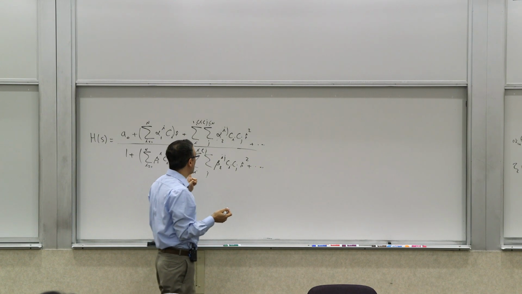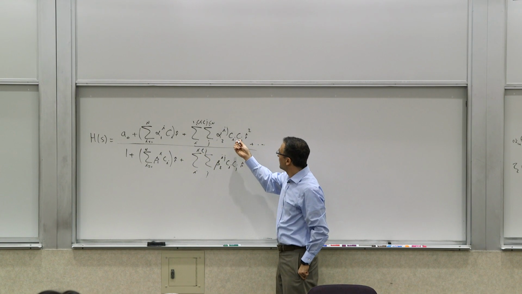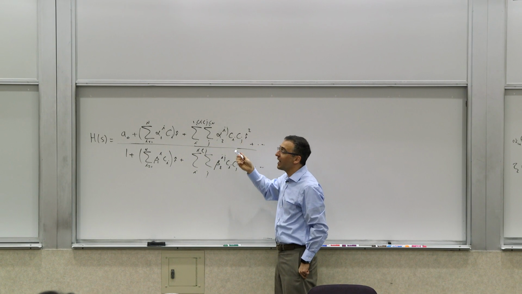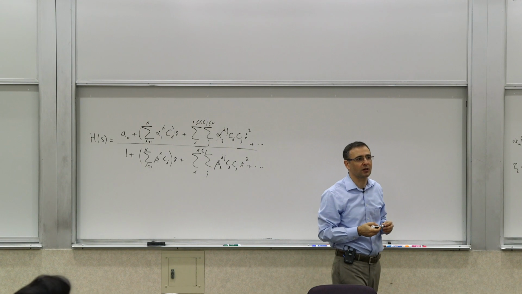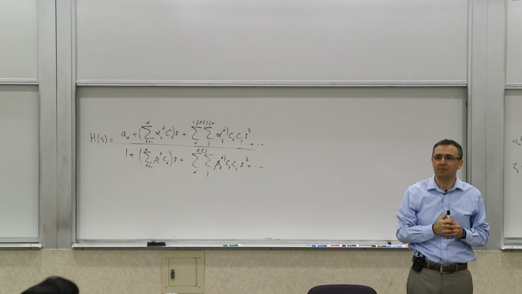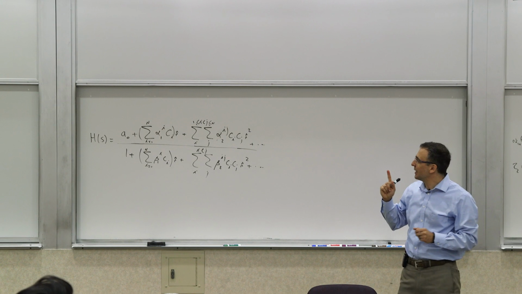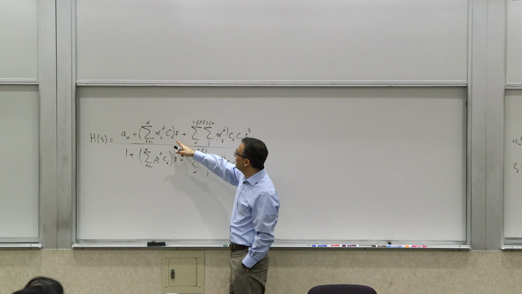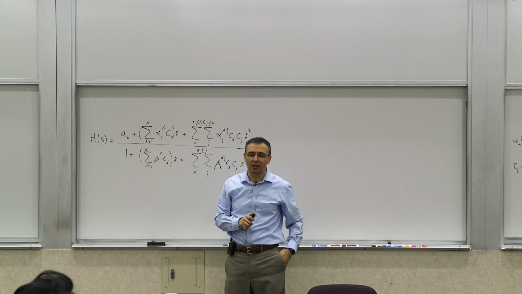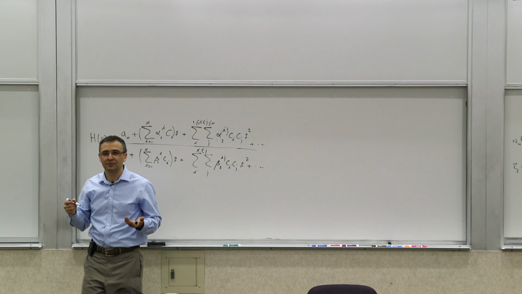One of the things that we observed back then was that you cannot have Ci squared here. You remember why: if you had that, and you set all C's except for Ci to 0, you should get a first order system.